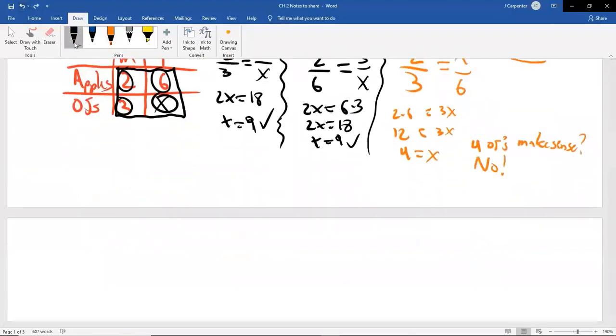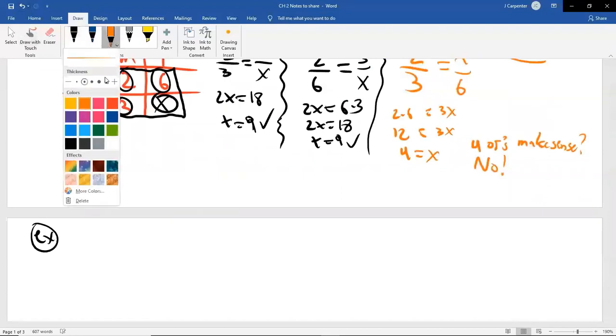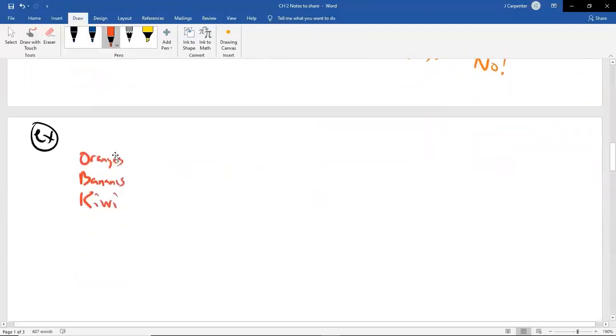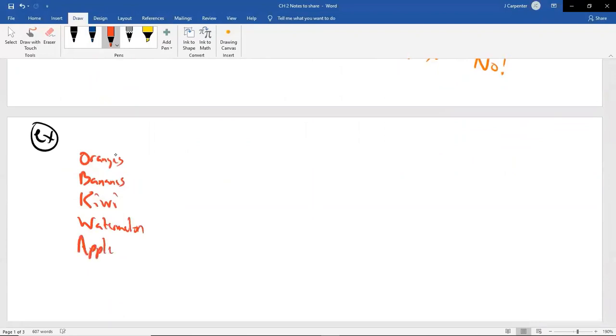So let's see the large and in charge example. And we're going to have a whole bunch of things. Let's go oranges, bananas, kiwis, watermelon, apples, limes, lemons, and then a fruit.